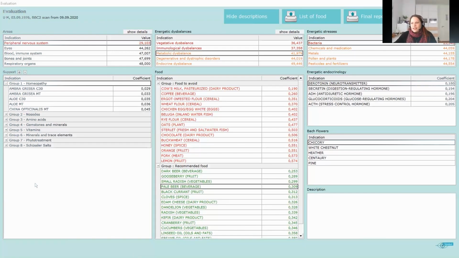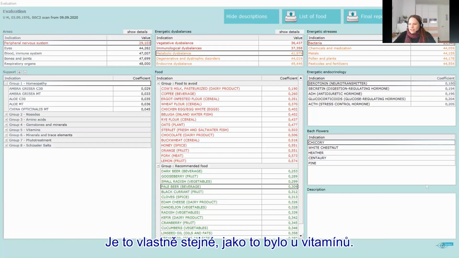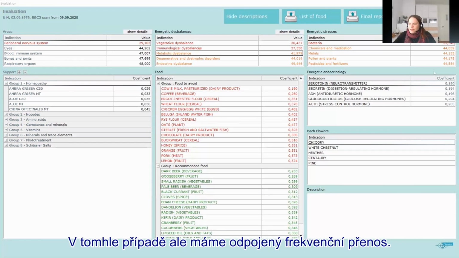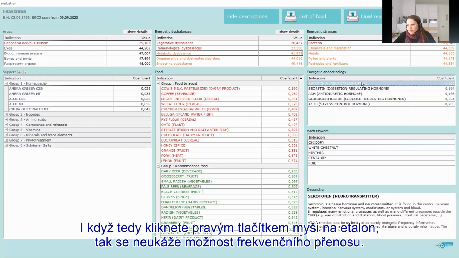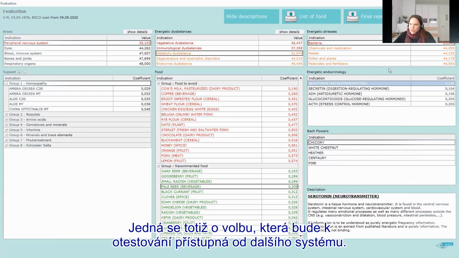The whole loop of it is listed here. In this case we have disconnected the frequency transfer. So even if you click with the right mouse, you can't use it for the frequency transfer, because this is one option you can get in the next system to test out.